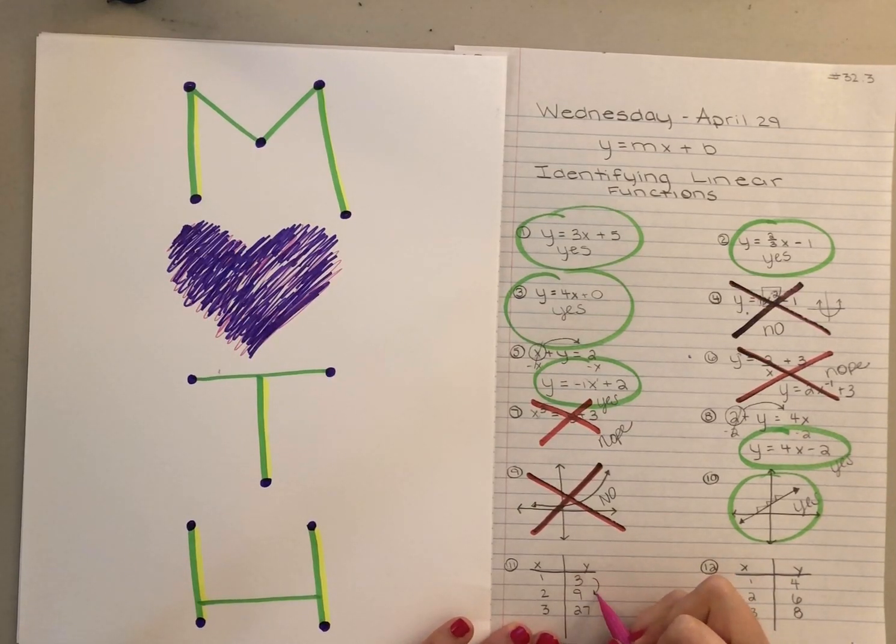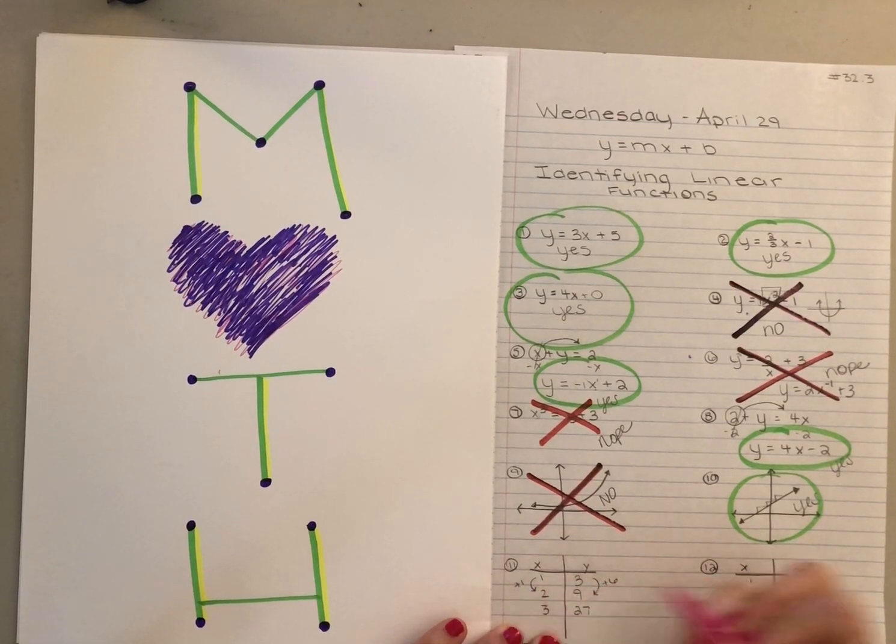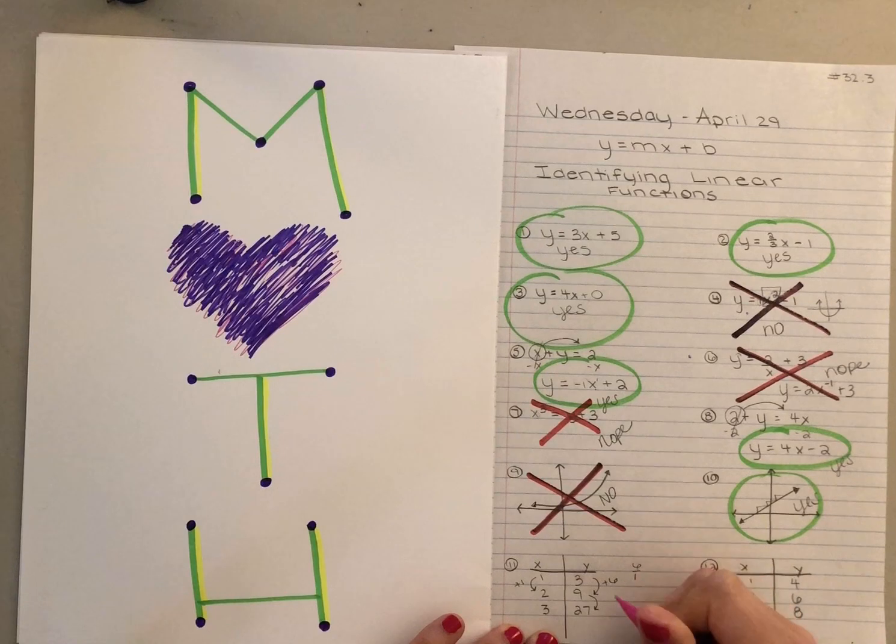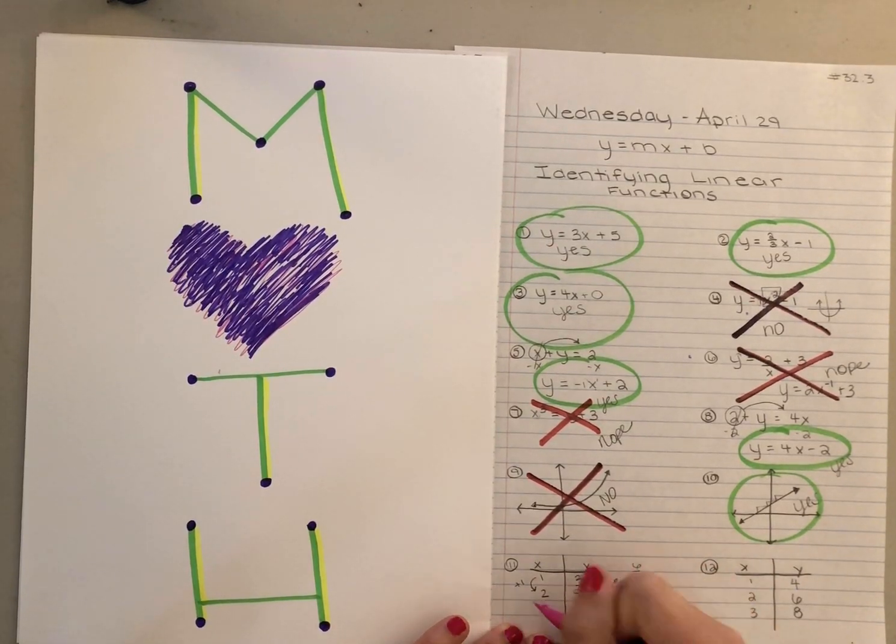Let's find the change in the y value. This is going up by 6, while the x goes up by 1. So my slope is 6 over 1. Now let's see if it's constant. Here, from 9 to 27, what is that increasing by? I can't do math that fast. 18? Okay. So it goes up by 18, and this goes up by 1.